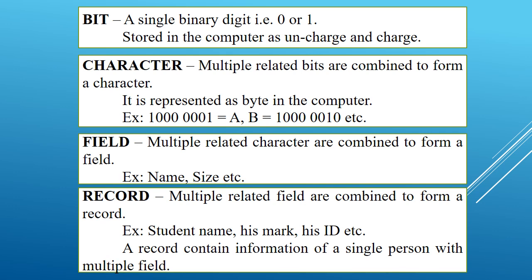For example, student name, his mark and his ID number. The student name is a field, his mark is also a field, and his ID is also a field. So these fields are combined to form a record. The record contains information of a single person with multiple fields.